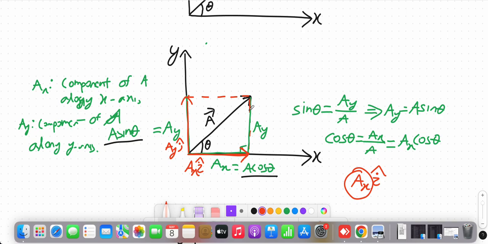Now if I add these two vectors, AX I cap and AY J cap, then A is along the opposite direction.